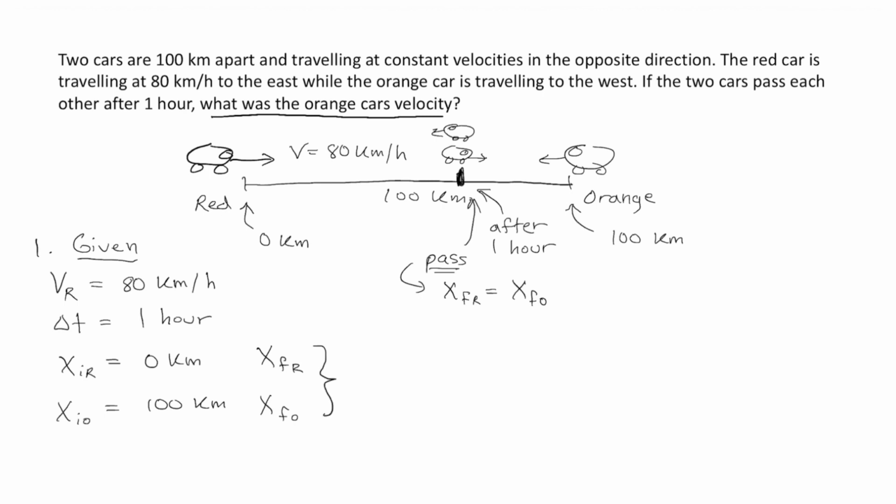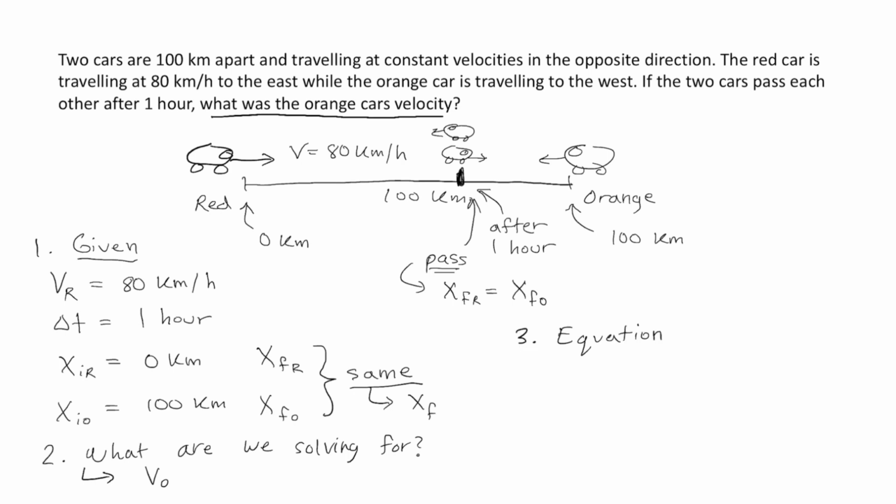So I will say that XFR and XFO are the same, so they can just be written as XF. No need for the subscripts because the final position is the same for both vehicles. Now I always like to remind myself, what are we even solving for? We are solving for the velocity of the orange car.